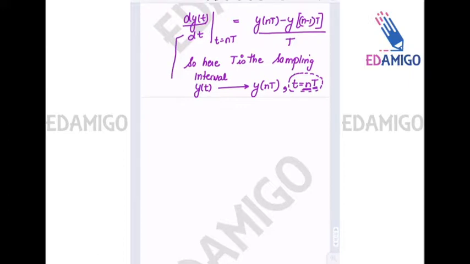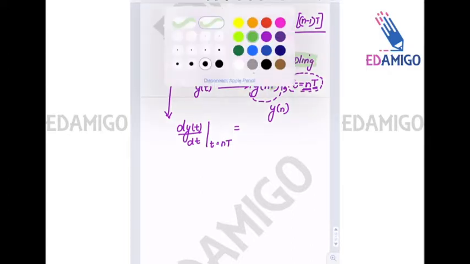In this equation, dy(t)/dt at t equal to nT: y(nT) is generally written as y(n), because T is a constant, the sampling interval, and n is the variable.